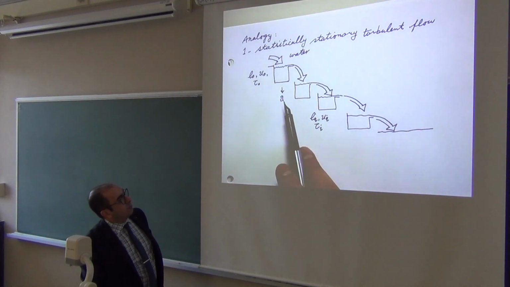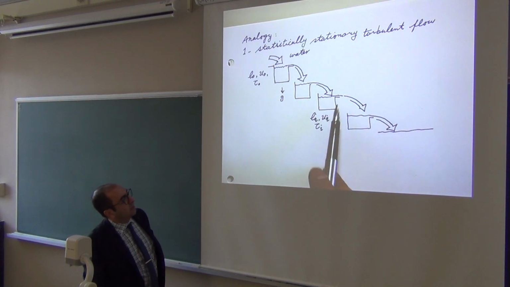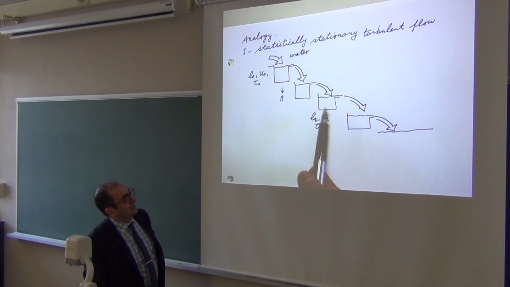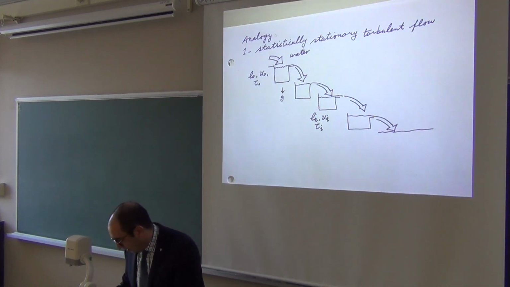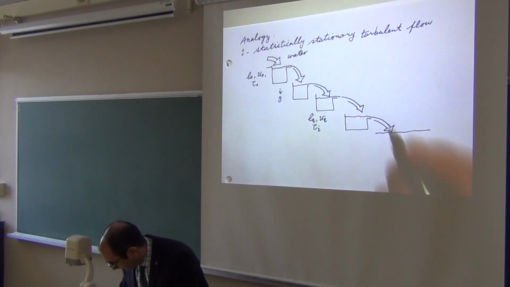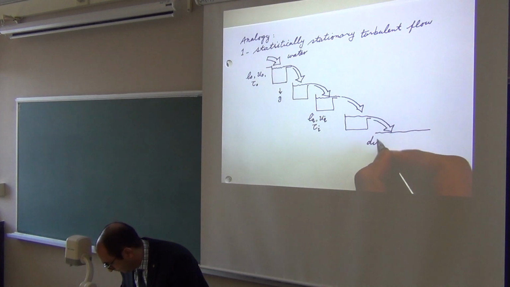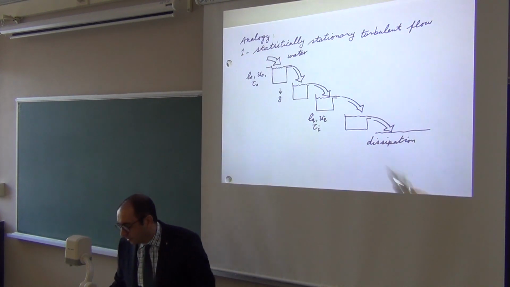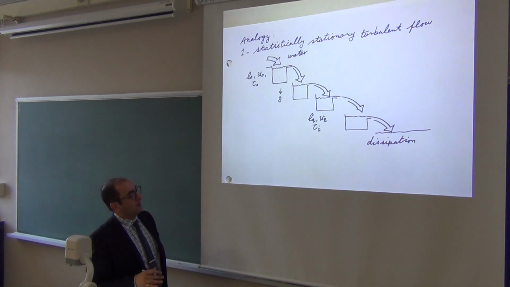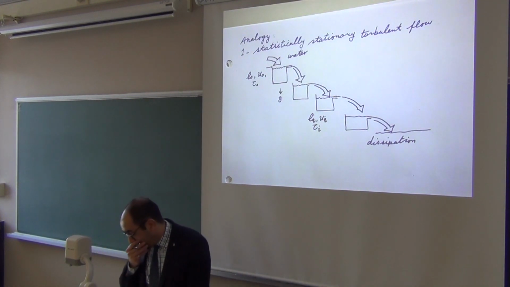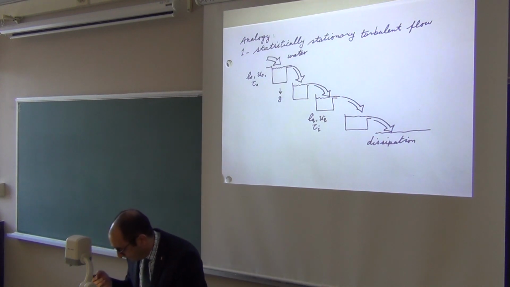So the water is pouring down, and eventually you reach the dissipation stage where all of the fluctuations by viscosity are dissipated.